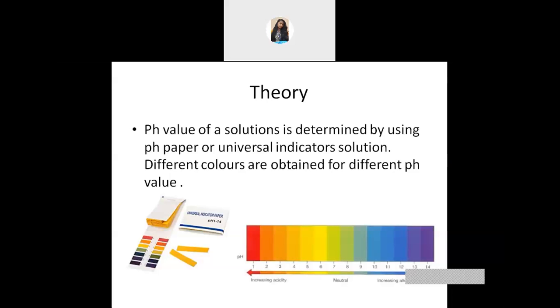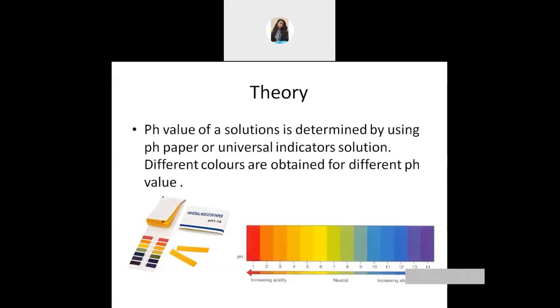When the color of the pH paper is found to be red or pink, that means the pH value is 1 or 2 or so. When you compare the color of the pH paper to this pH scale, you can clearly see that the color matches the value 1, which is red.